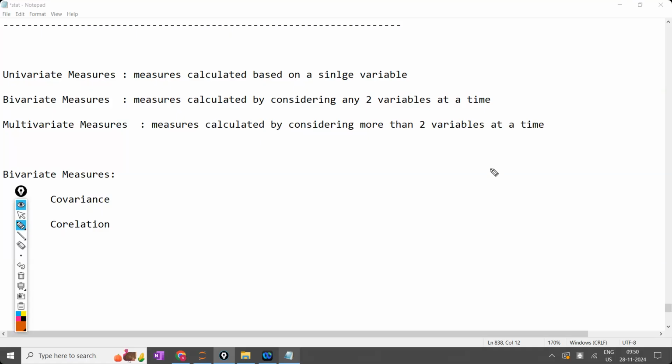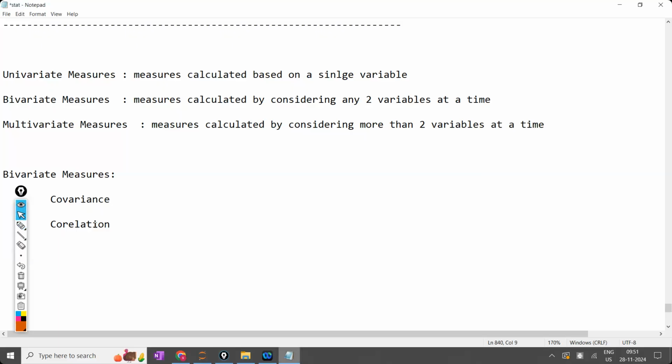Covariance is nothing but the variance of one variable to another variable: how much impact the first variable has on the second variable. The same thing I apply in my analysis every day. Every day I use covariance and correlation in the stock market and whatever I do. For that purpose I use the same thing.